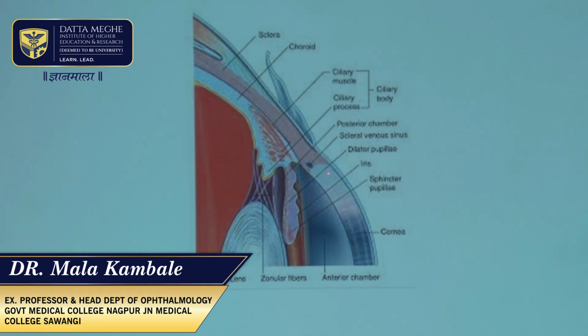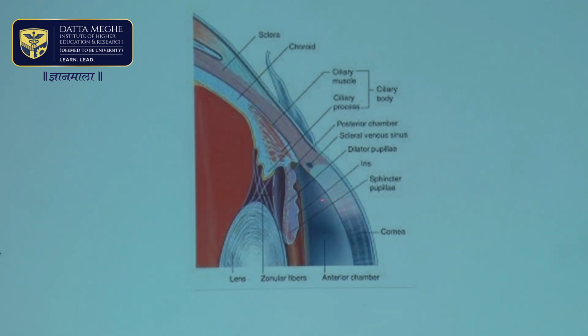This is the cornea, this is the anterior chamber and this is the iris. Just behind the iris you see the posterior chamber. This is the site for the sphincter pupillae and this is the site for the dilator pupillae.